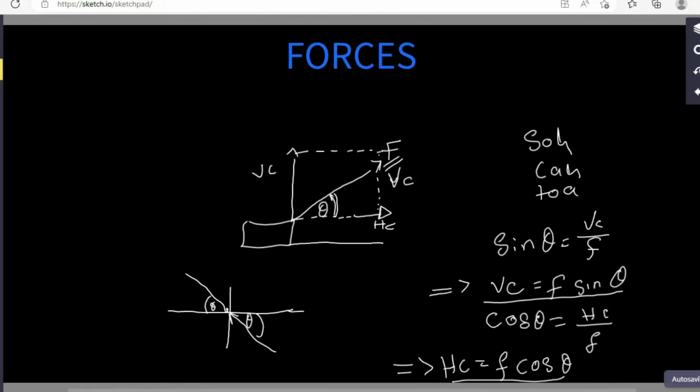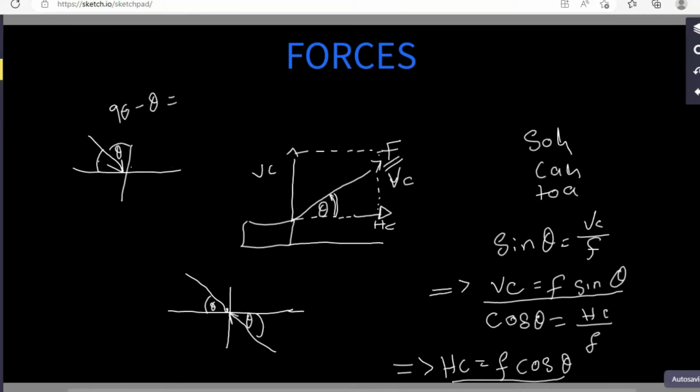This is the horizontal that I'm talking about. If they give you an equation like this, where they are giving you this angle, you have to say 90 minus that angle that they are giving you and get this, because this is the angle that you have to use.